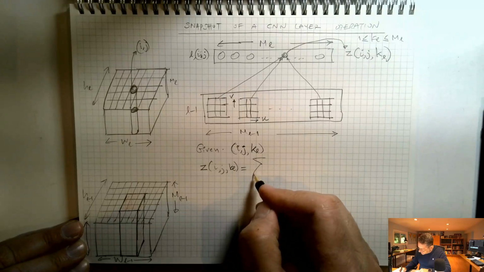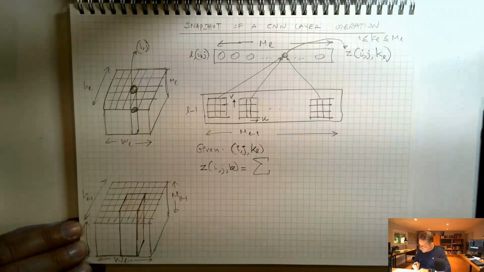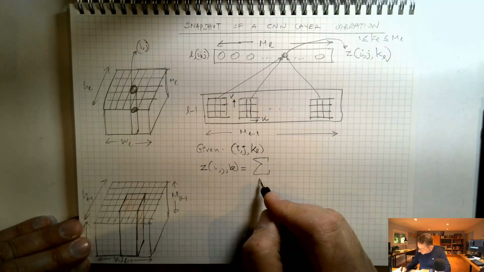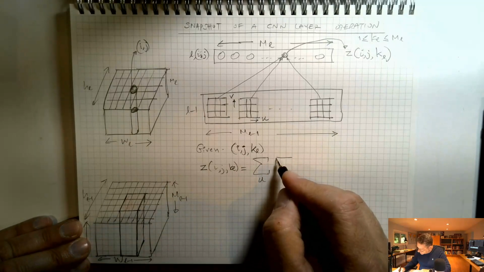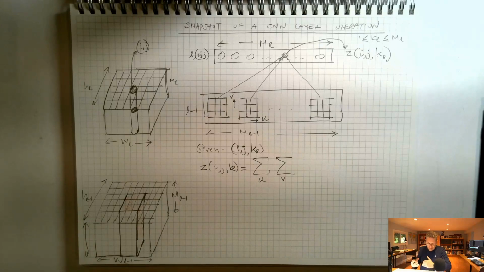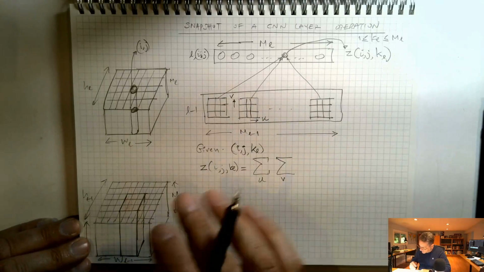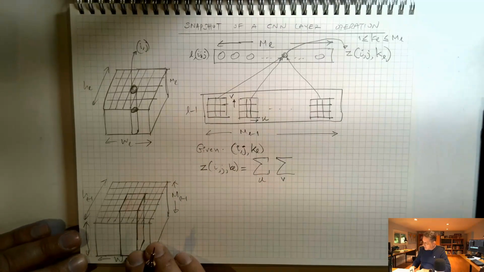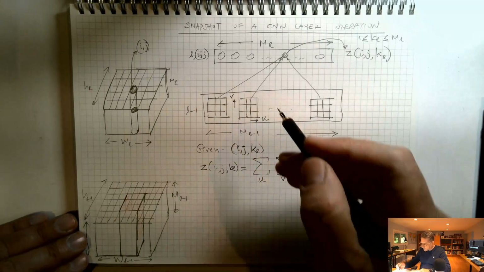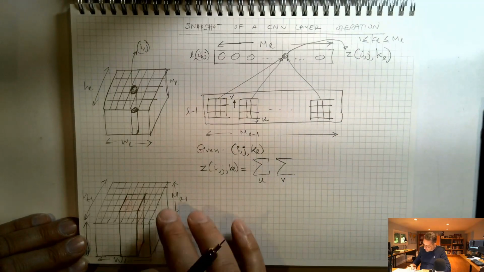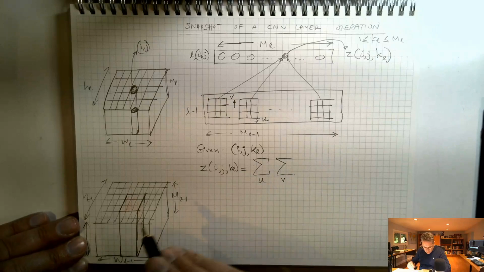The first two summations I have seen already in the plain two-dimensional correlation operation, the one that we did earlier. So this is the summation over u and v. Definitely I'm expecting the spatial content of that filter to be correlated, and therefore dot product, with the contents of the input image. So these are the two summations over here.